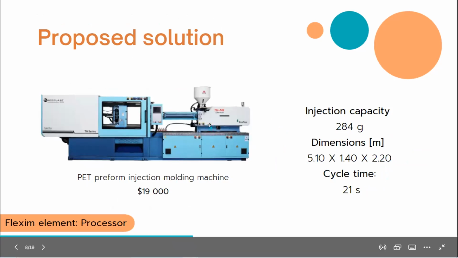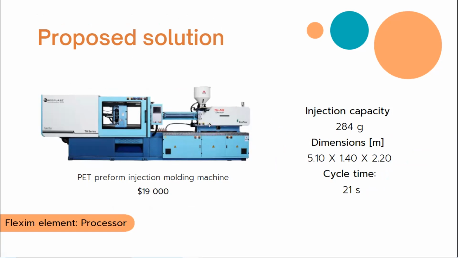Okay, so for the solution, we consider the following machines that are also mentioned in the flowchart. First we have the PET preform injection molding machine that costs around $19,000, and here on the right are its characteristics.